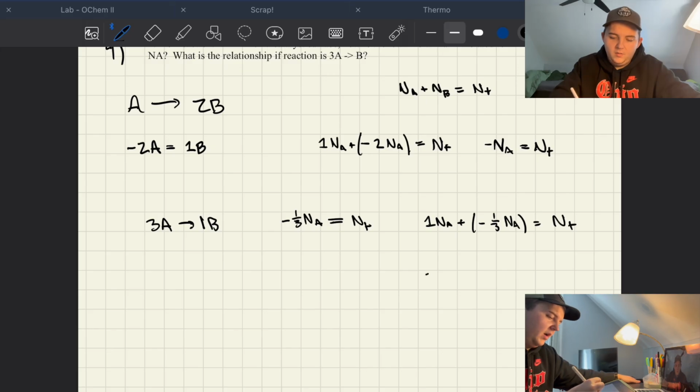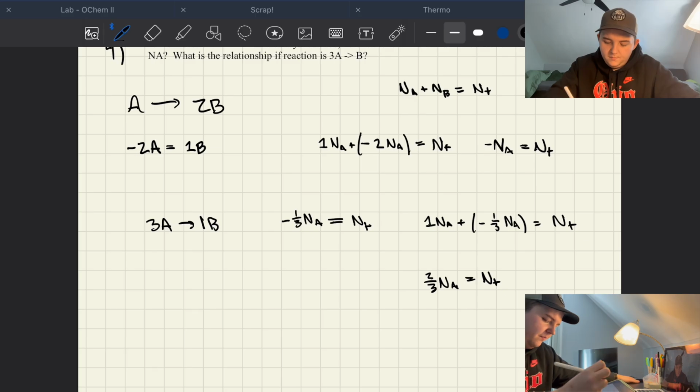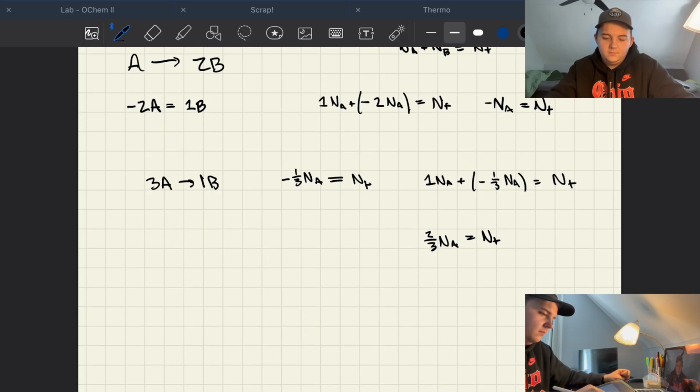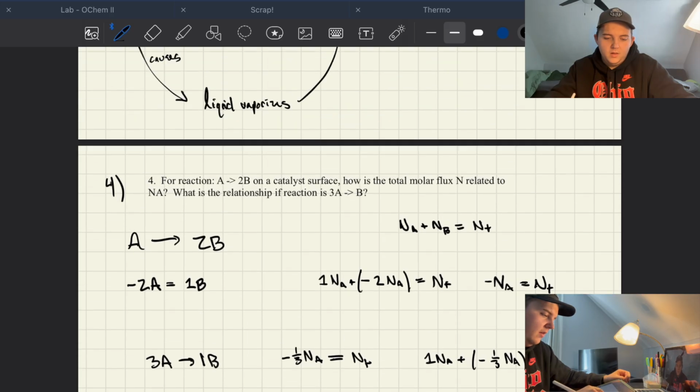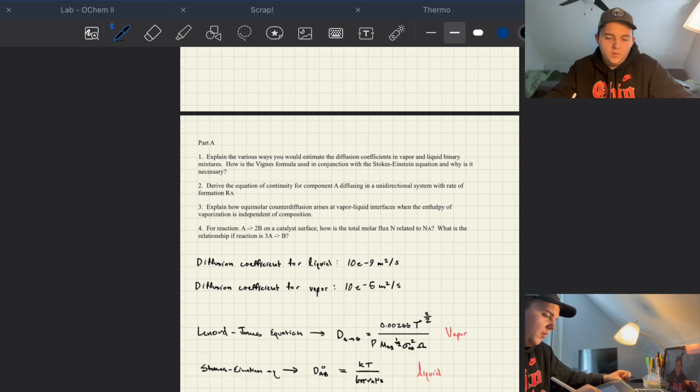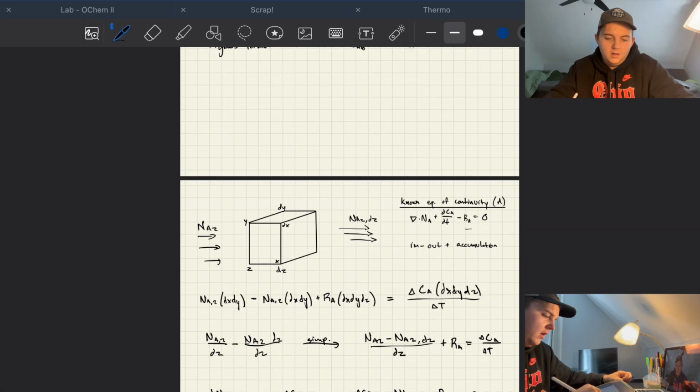When we add that, we'll have 2/3 NA is equal to NT. That shows that the total molar flux is going to be equal to 2/3 the molar flux of NA. So yeah, that wraps up homework for part A.